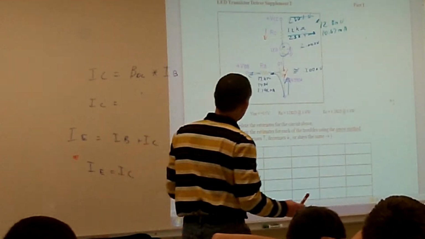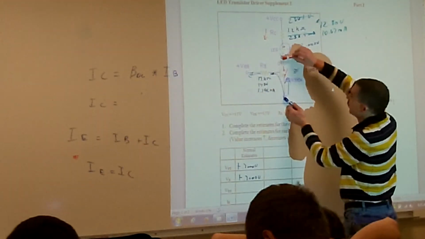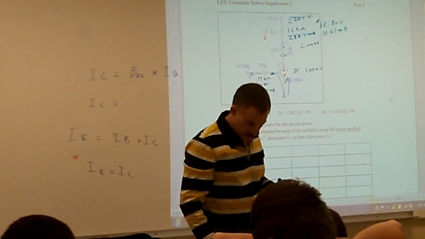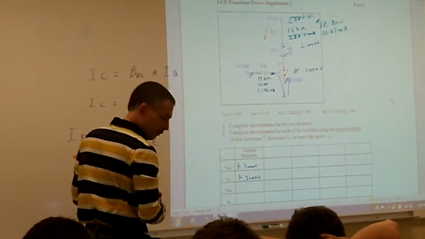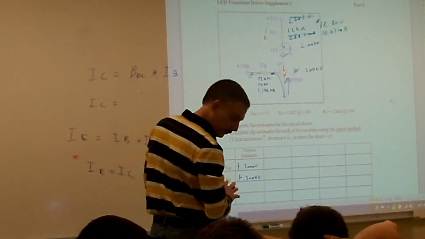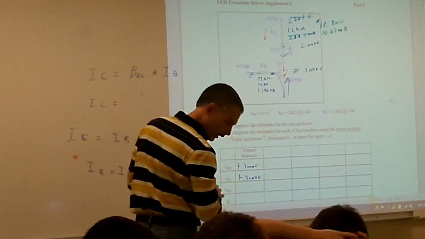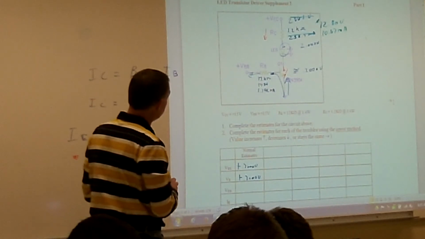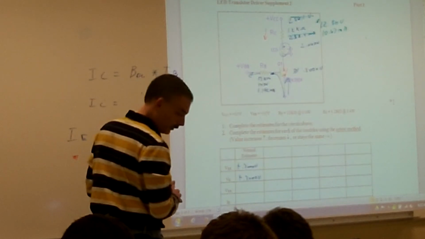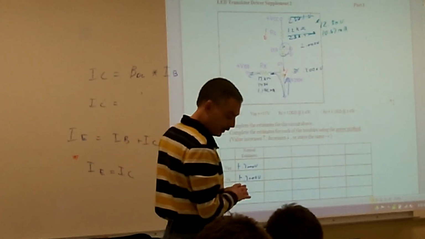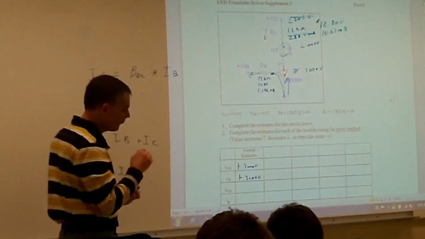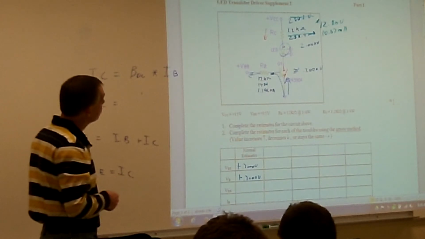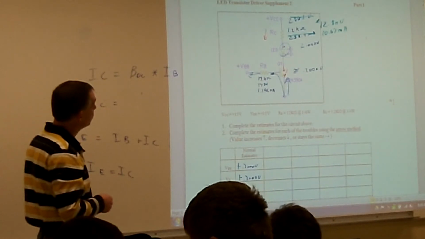We're not going through our base to emitter, we're only going through our collector to emitter. Then VCD would be the same, a positive 0.2 volts approximation. And yes, Q1 would be on, the transistor fully saturated, and the LED would be turned on as well. So both are on.